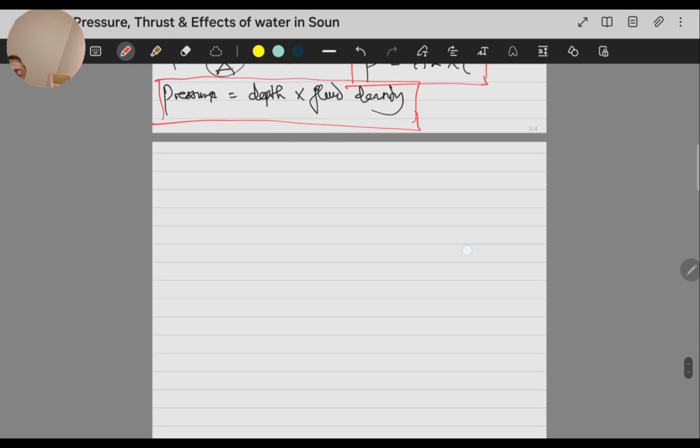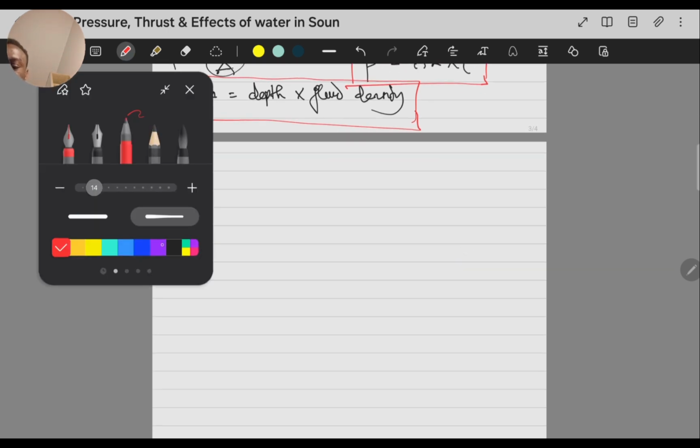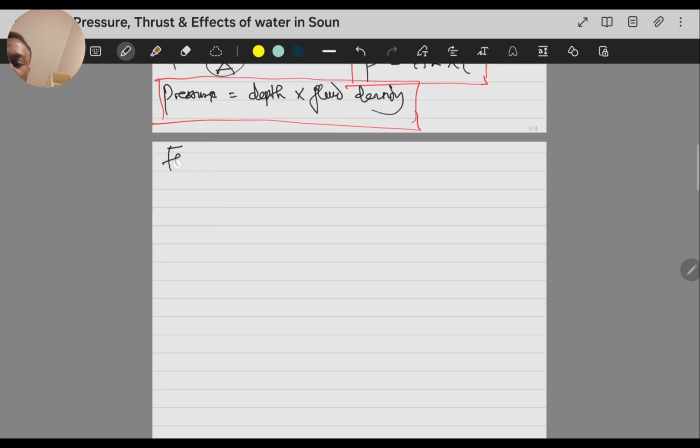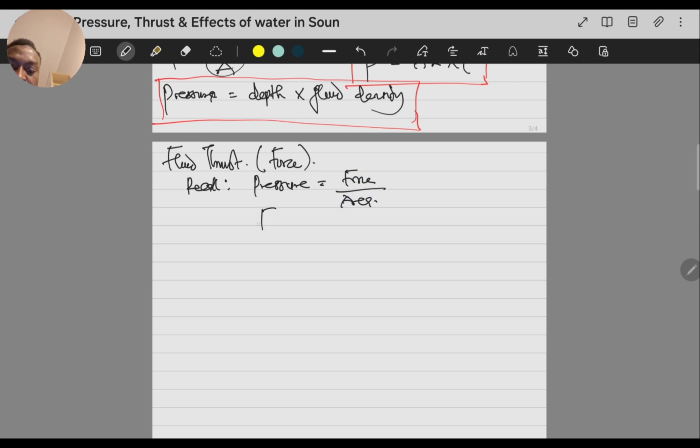Okay, so now the next is going to be fluid thrust. Fluid thrust is another word for force. So we can recall from previous discussion that pressure is force over area. So force, which is actually the thrust, is then going to be pressure times area. So pressure, we have from here already, so we just say it's P, pressure times area.